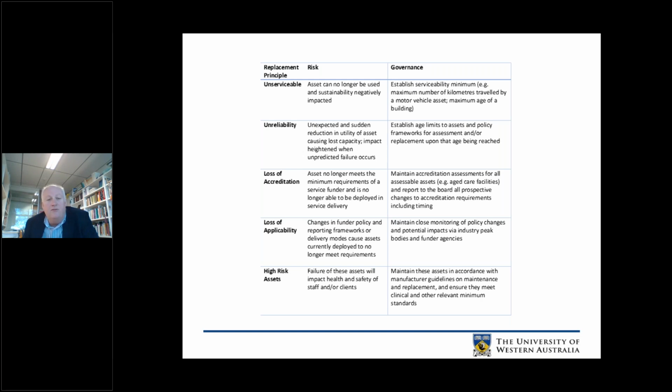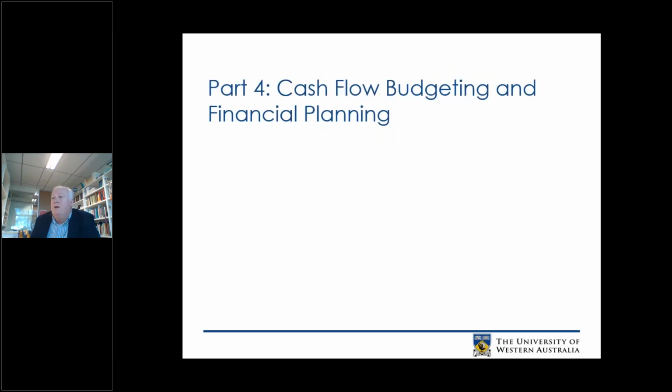In other words, they're no longer fit for purpose for the particular service, where you change your services and so there is a loss of applicability, and also where you might have high risk assets, so where the failure of an asset might impact health and safety of staff and or clients. You need to understand each of your assets and how they slot into those replacement principles in order to make appropriate policy and to make appropriate arrangements for the replacement of those assets within a timely manner.